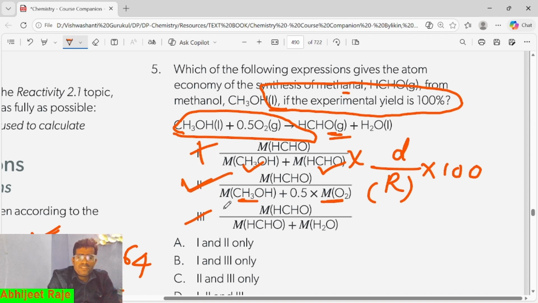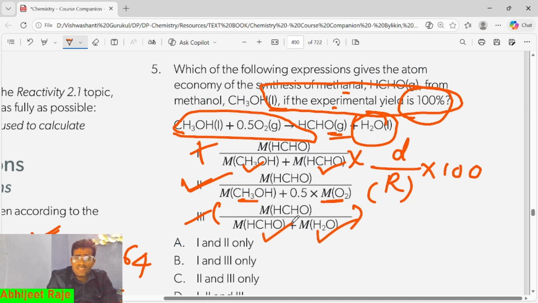Third option, now there is a confusion and most of the students will not mark the third option and they will skip that. But you need to read the questions carefully. What they have given, the experimental yield is 100%. Now when the experimental yield is 100%, this water is also part of your reaction, and this can also form the reactant. So this should also come.